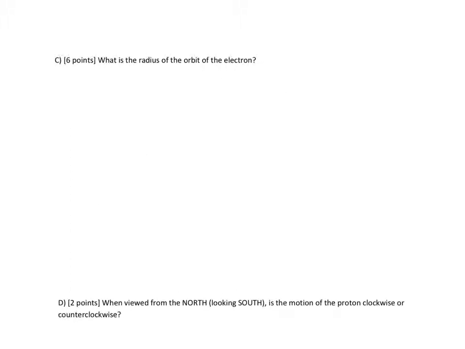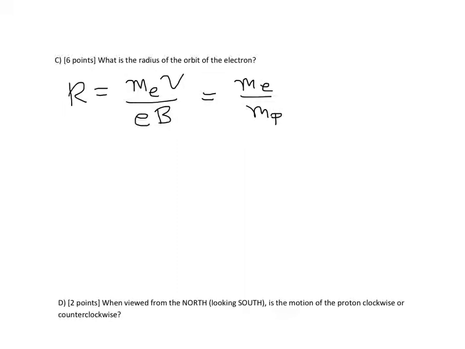To determine the radius of the electron's motion, again we can use this cyclotron radius formula, but here we'll use the mass of the electron and the charge of the electron, and of course the magnetic field, which is already known. Now, since we know the radius of the proton's motion, we can also write this way, because it's proportional to the mass of the particle.